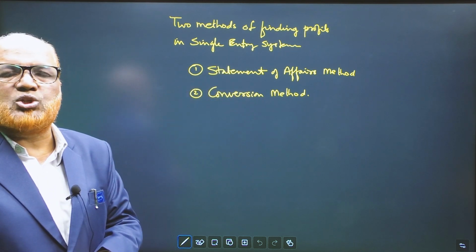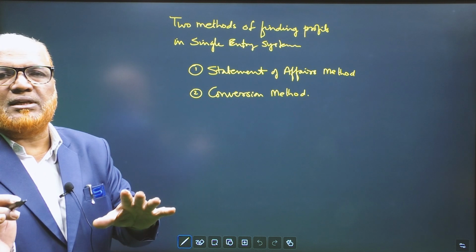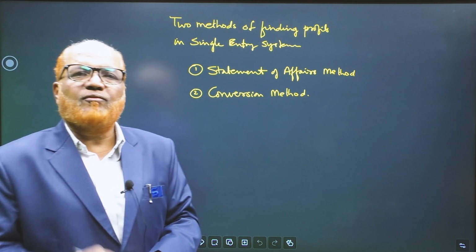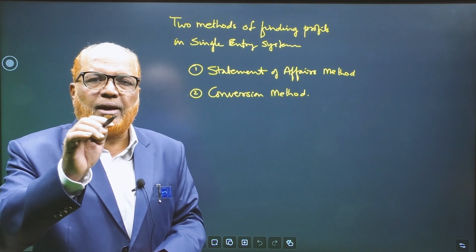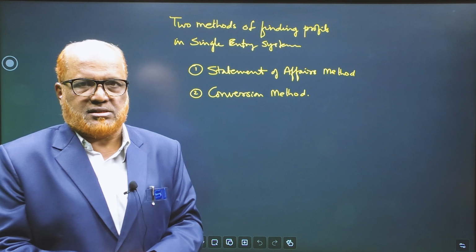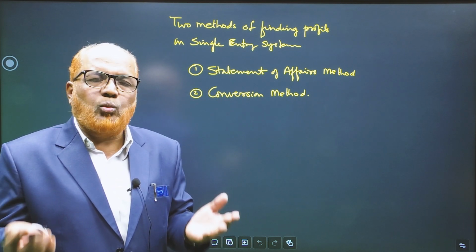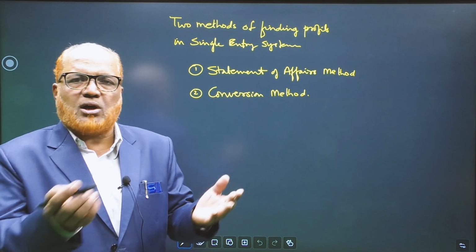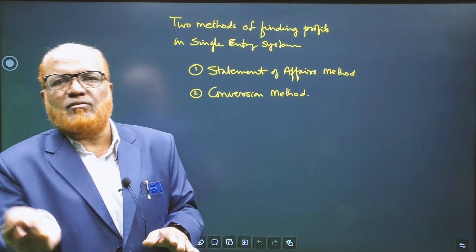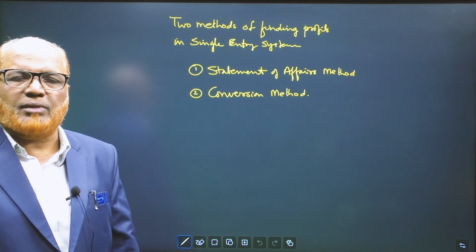The second method is conversion method. In statement of affairs method, we simply compare the capital at the beginning and end of the year to ascertain the profit. But in conversion method, we have to convert the incomplete records of single entry system into double entry system. Once you convert it, then as usual we prepare the trading account, profit and loss account and balance sheet, the same thing we can do. Once we convert the single entry into double entry, that is called conversion method.